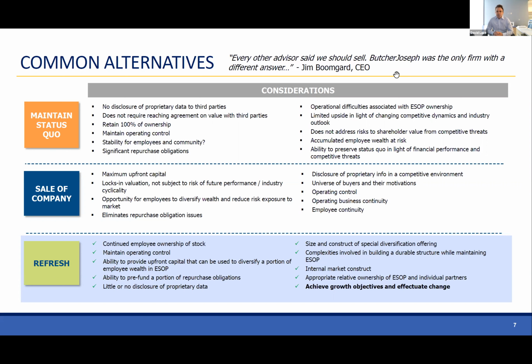Obviously, the path of least resistance is probably maintaining status quo, right? But I think we'd say that it may be the easiest path. It certainly is not without risk, right? If you're operating in a highly competitive industry, a lot of times you've got to be very nimble and mobile and evolving.